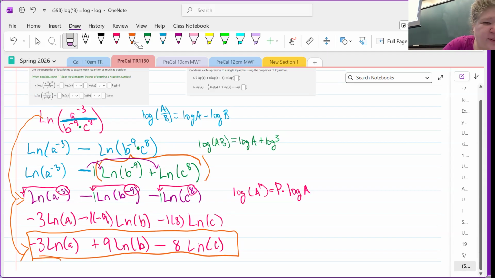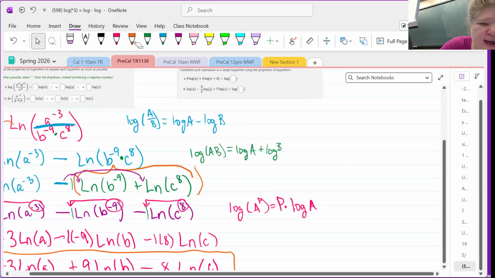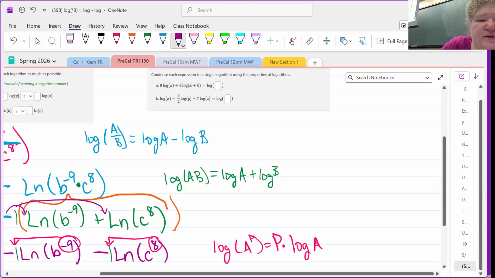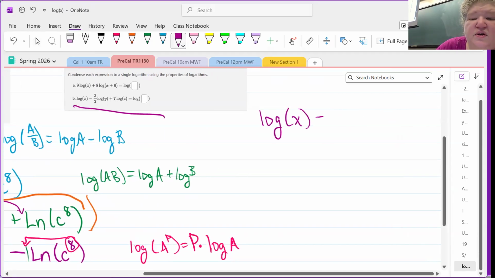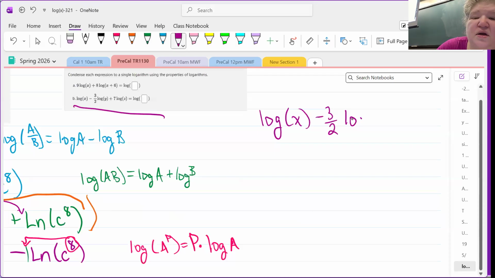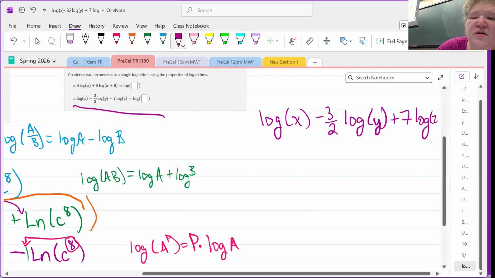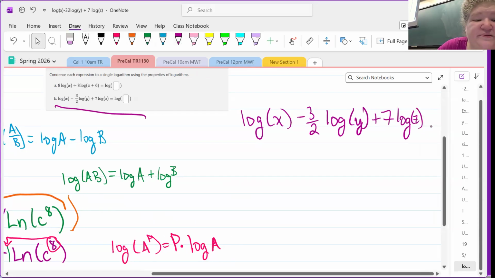Now, if we go the flip way, the zipping it back up way, I'm going to take this one here: log of x minus 3/2 log of y plus 7 log of z.